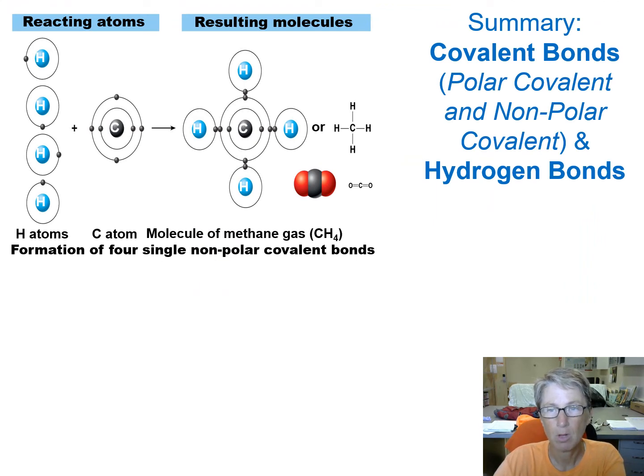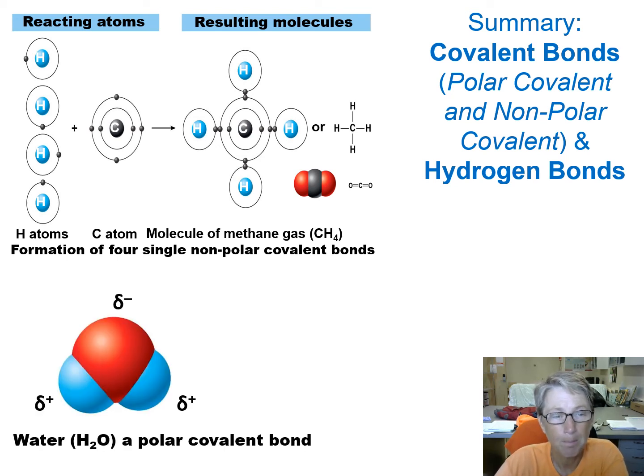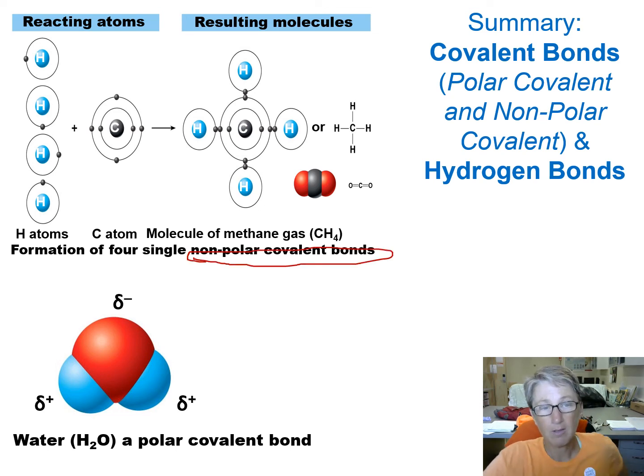Okay, summary: covalent bonds, polar covalent and nonpolar covalent, and hydrogen bonds. So in nonpolar covalent bonds, a good example is methane, where the carbon atom shares its electrons equally with 4 hydrogen atoms.